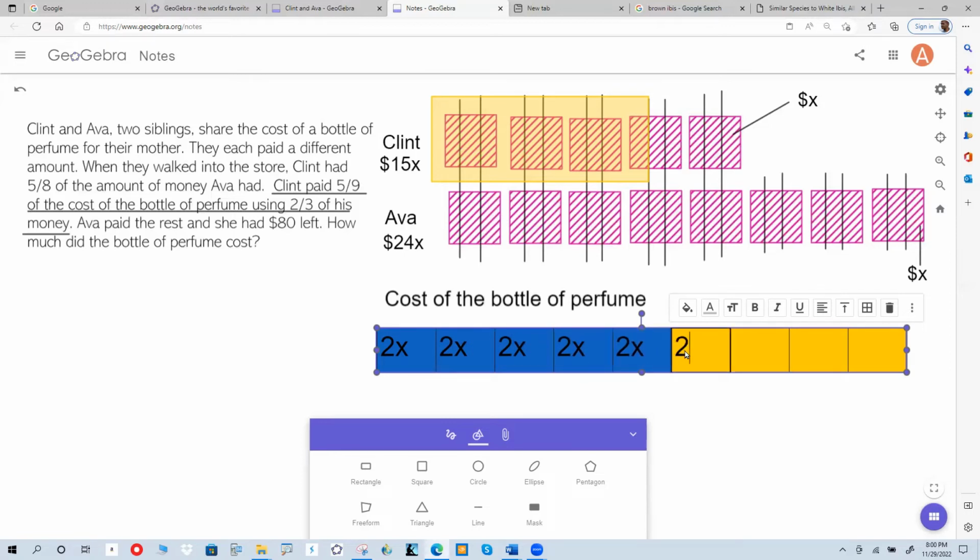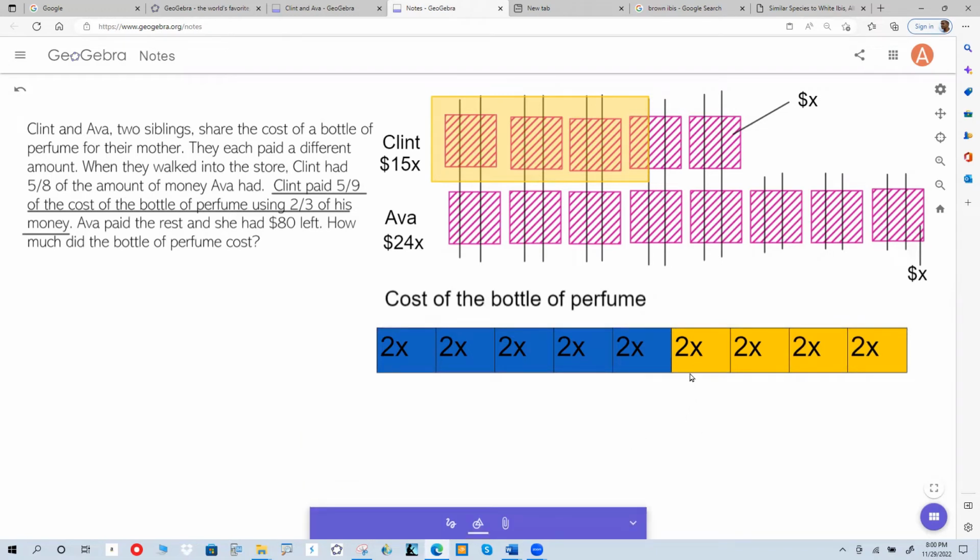And I'm going to go ahead and make these 2X's too because all the pieces are the same size. Now, clearly, Ava paid 8X. Okay, so let's take this guy here.